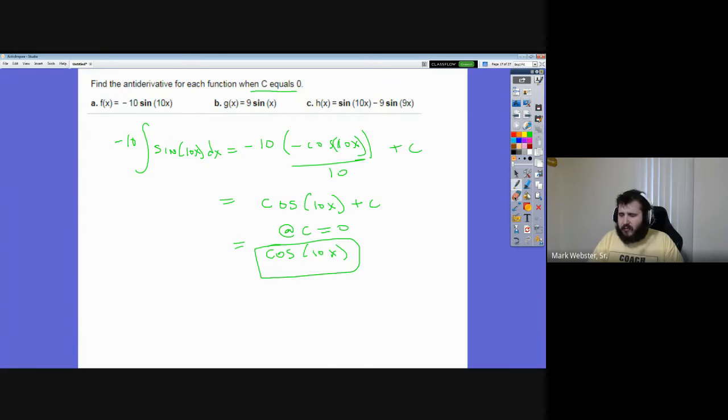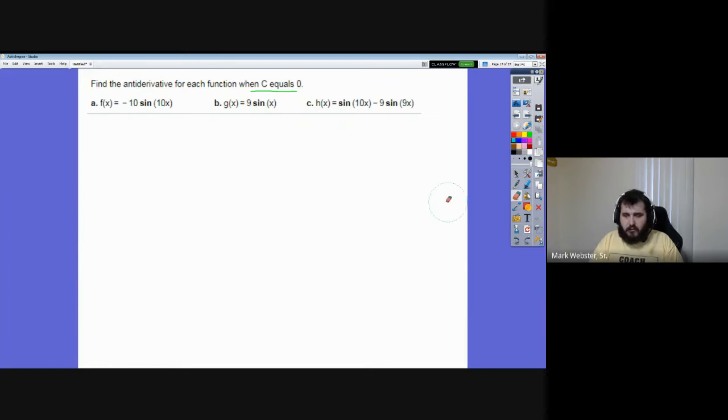Going to be the same thing with the rest of these, right? Same idea and the same spiel that I'm giving. Hey, look at what you've got. Make it easier for yourself by simplifying everything so that you don't have to work as hard. If you want to take the antiderivative of 9 sine x, you can just pull that 9 out.